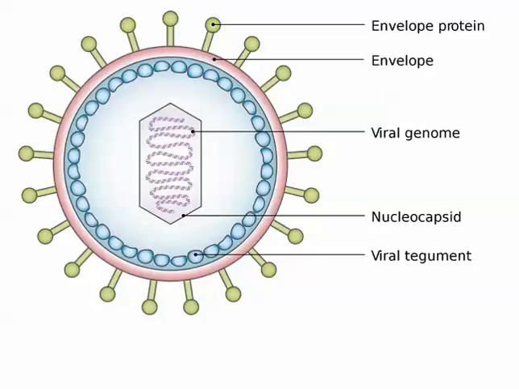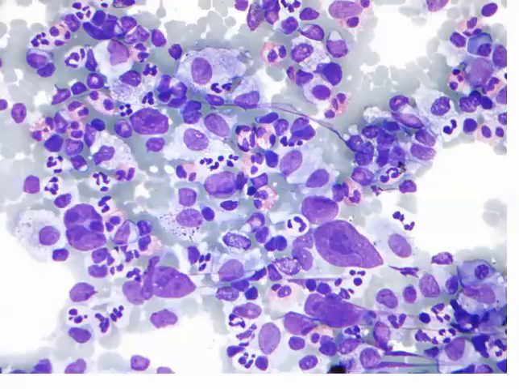LMP2, while not essential for B cell immortalization, blocks normal B cell development. LMP2 has been shown to replace the function of B cell receptor BCR, thus permitting B cells devoid of a BCR to avoid apoptosis. Now let's move on to talk about the role of the cellular microenvironment on persistence of HRS cells.